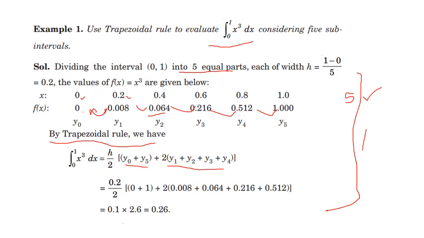So how to see that? Let us see how many points there are: 1, 2, 3, 4, 5. You need to plot it like that. It starts with x0, y0, and it should end at xn, yn. You need to see how many strips we have. In this case the number of strips is 5.